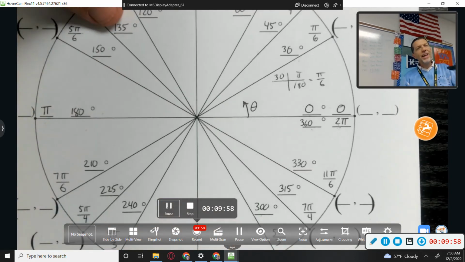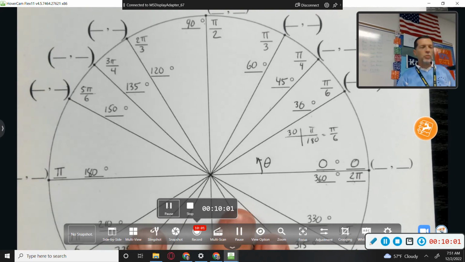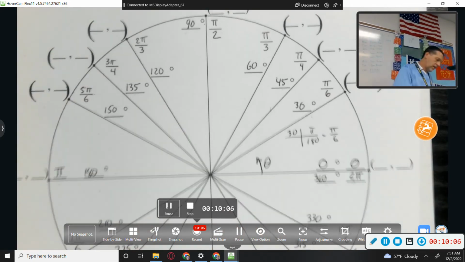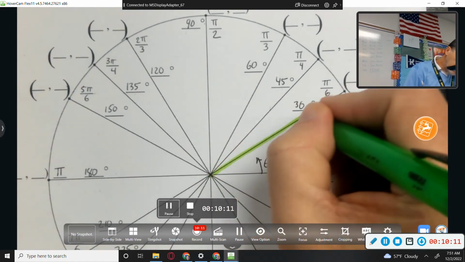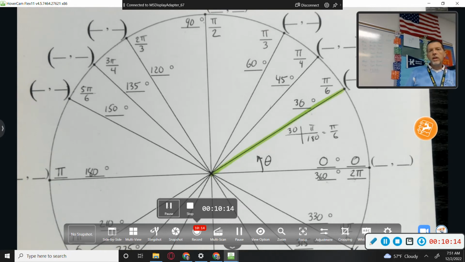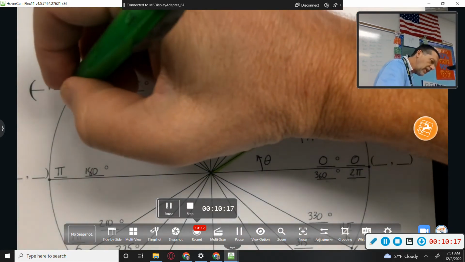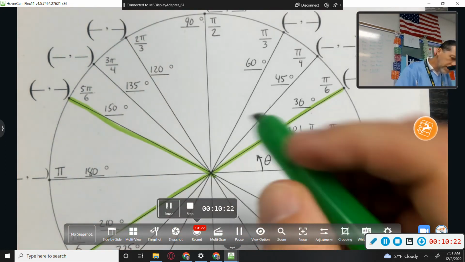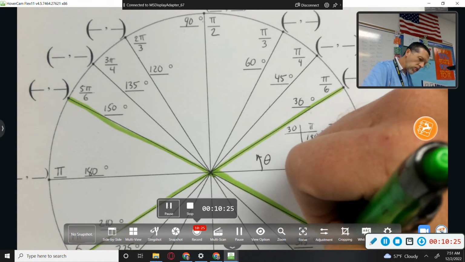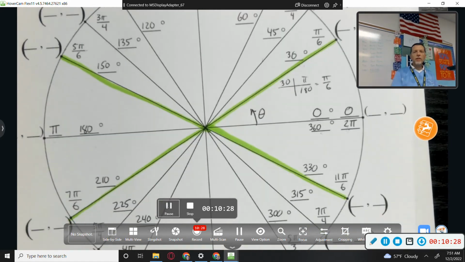And what's kind of fun about the angles in radians in particular, even though you don't like radians, is that every denominator that has a 6 in it has a reference angle of, what would you say the reference angle for each of those is? 30 degrees.